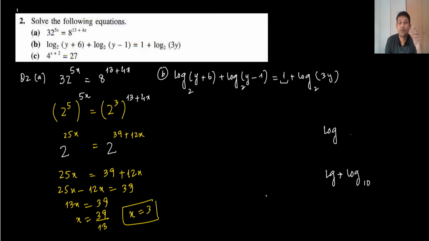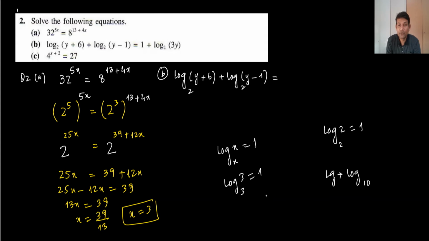Okay, now moving on. I want to write here 1 as log base 2. So log base 2 of 2 is always equal to 1. For example, log x of x is always equal to 1. Log 3 of 3 is always equal to 1. So which base do we need here? Log 2. So I will write log base 2 of 2 in the place of 1.